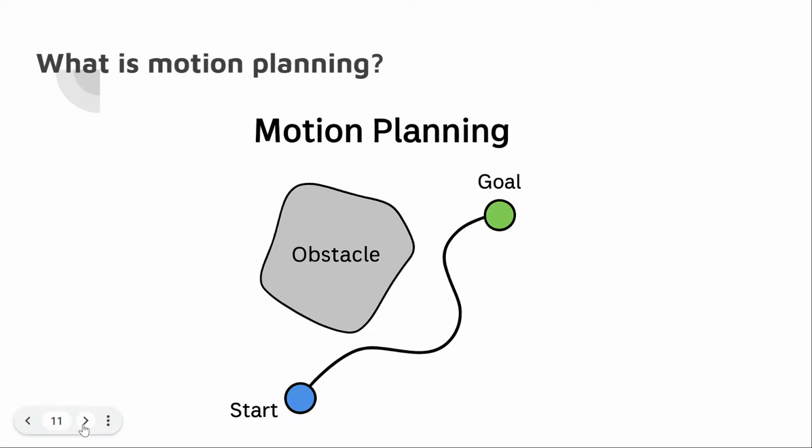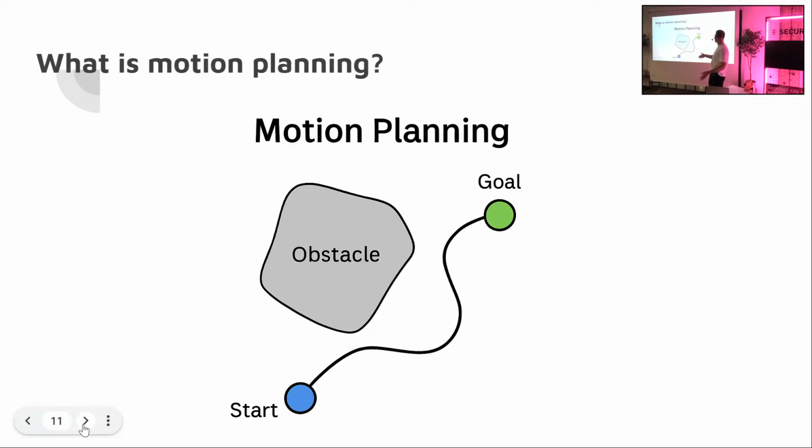Motion planning is motion from a start point to a goal point, or like some people like, from point A to point B. And we can expand the definition to say, for example, motion planning is going from a start point to a goal point while avoiding collisions, or we can add fancy sentences.